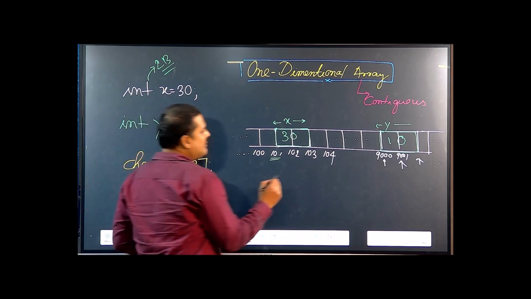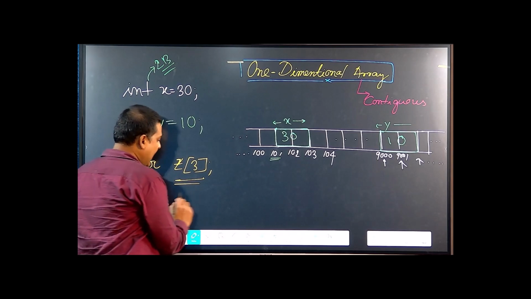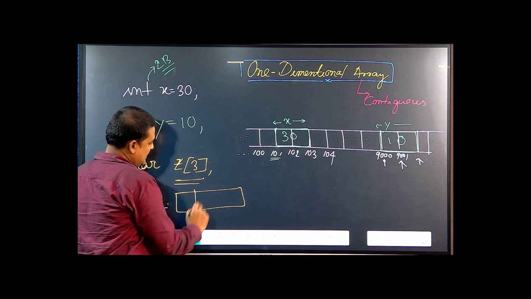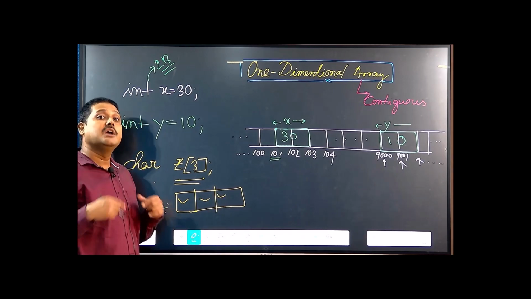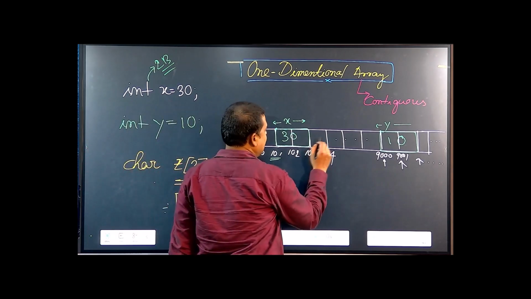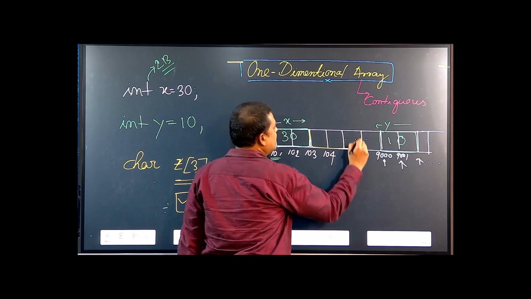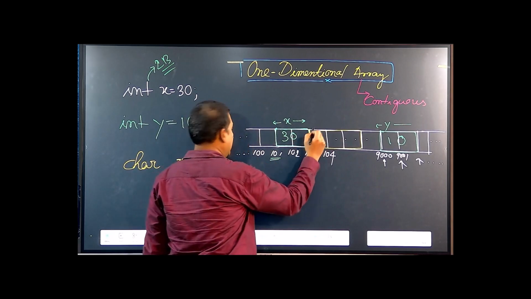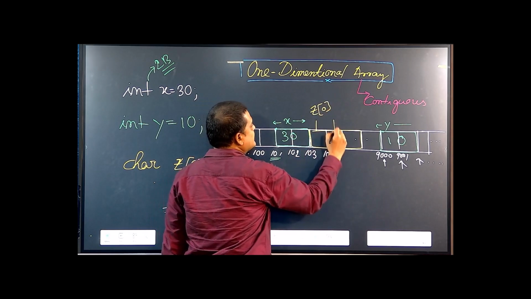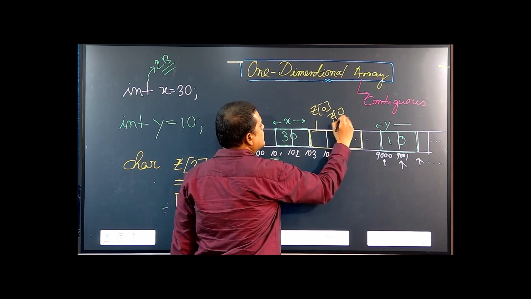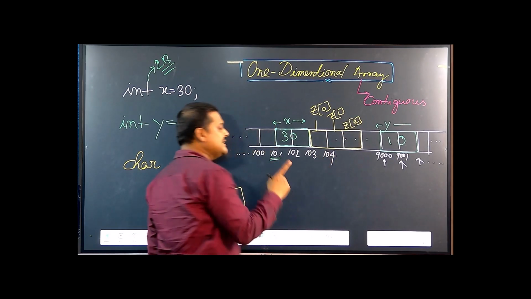So, wherever the place is free, I need 3 different places, first, second and third, somewhere inside memory. This location is named z of 0, this location is z of 1, and this location is z of 2, and this must be contiguous.